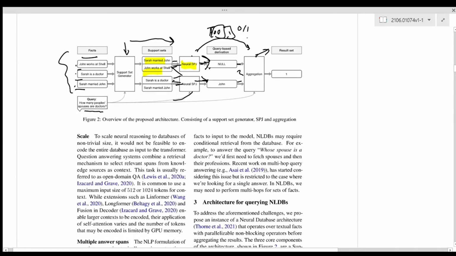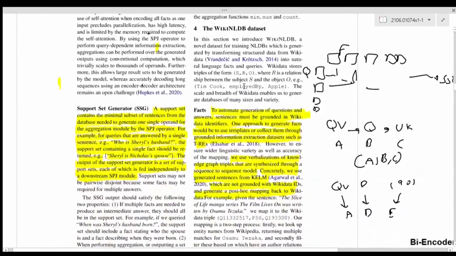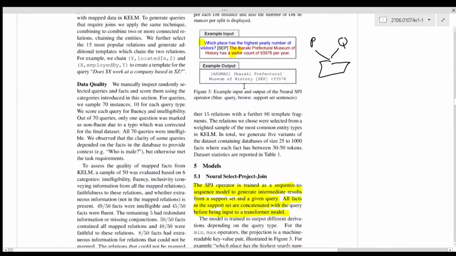If the aggregation should be done, it will extract the values from the neural SPJ, and based on that, it will compute the count, min and max values. Here we can also see the final metric that they have provided.